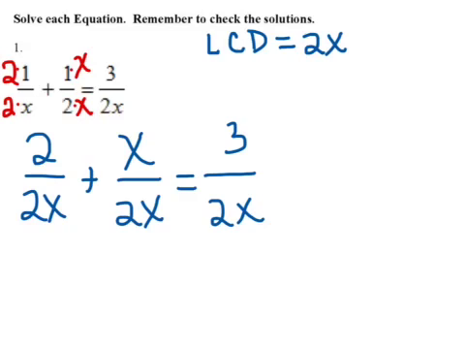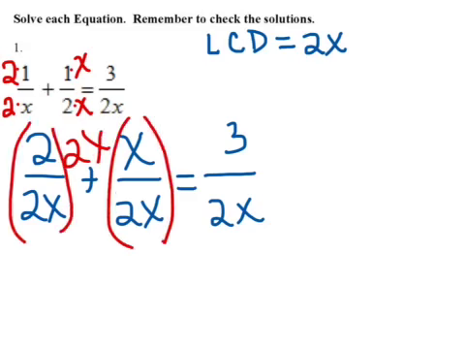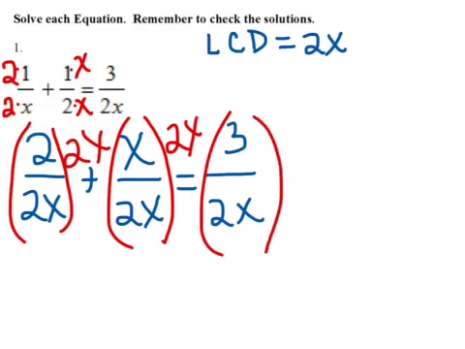So I multiply 2 over 2x by 2x, the x over 2x by 2x, and the 3 over 2x by 2x. This step illustrates why it's possible to eliminate the denominators at this point. So our 2x's cancel here, here, and here.